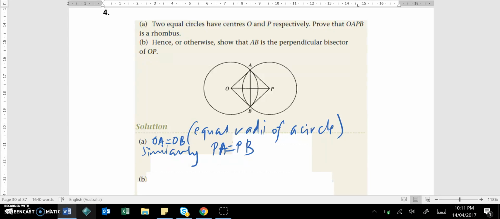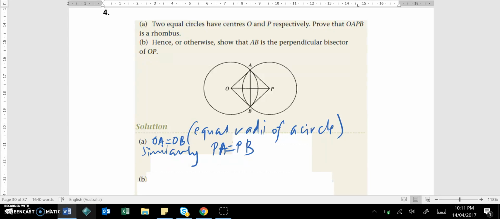Looking at this question here, where we're asked to prove that OAPB is a rhombus. I said OA can equal OB and PA equal to PB because of equal radii in a circle. The radii in equal circles are equal.